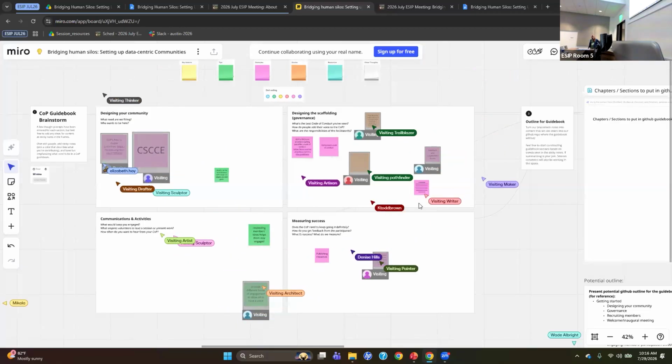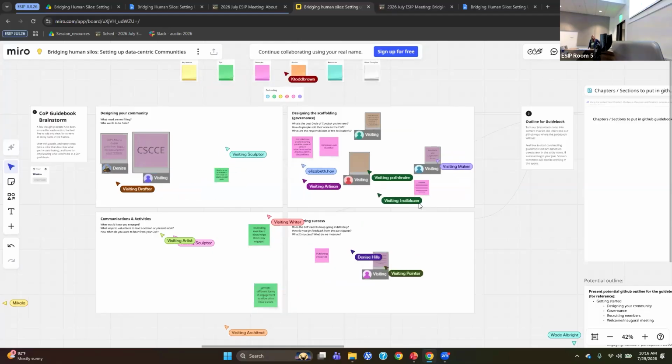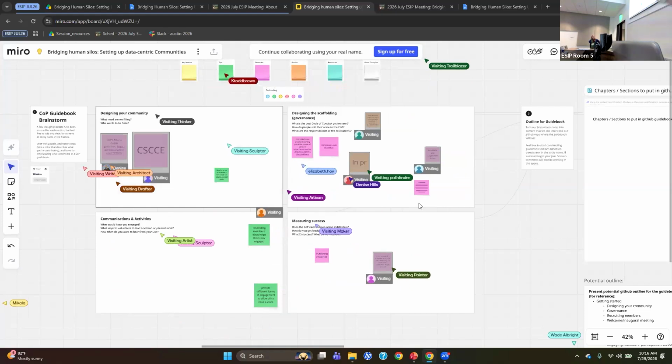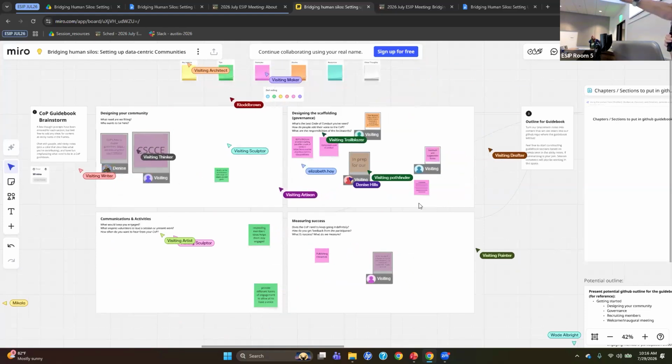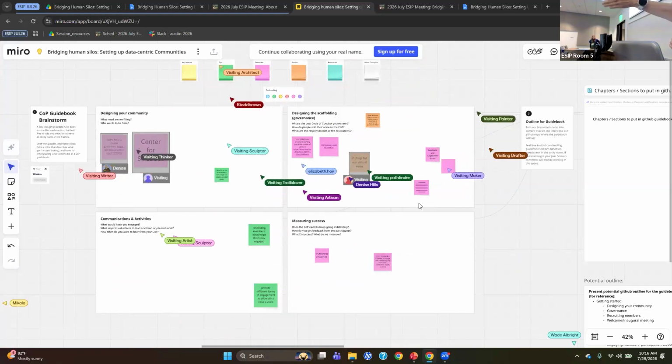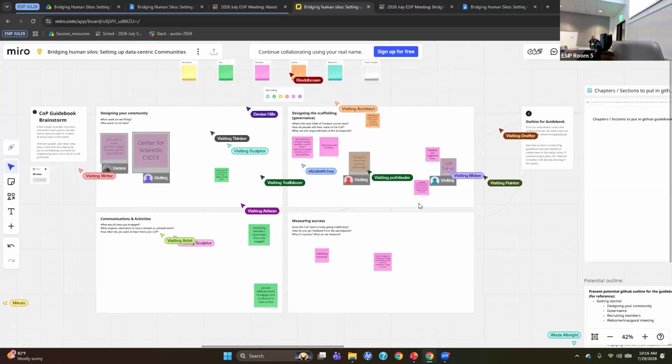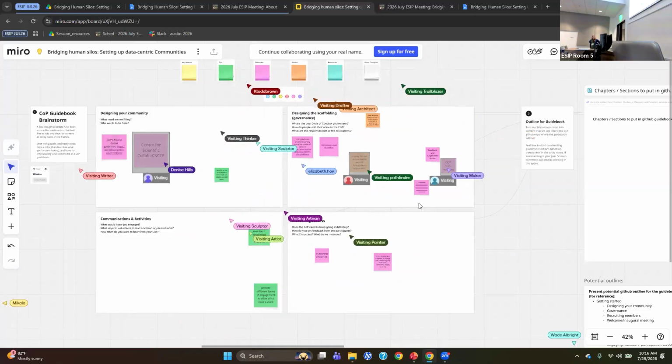And then up here we can have the communications and activities over here, and I'll go over to this spot and just kind of initiate that conversation. And then maybe here in the middle, kind of on this side, measuring success. So I encourage people to have in-room conversations as well.